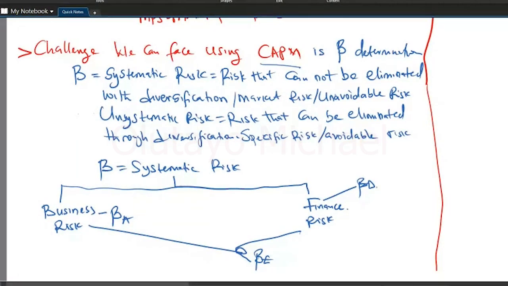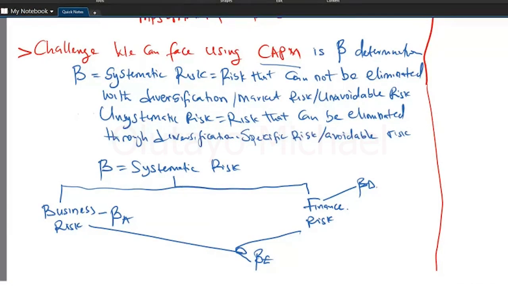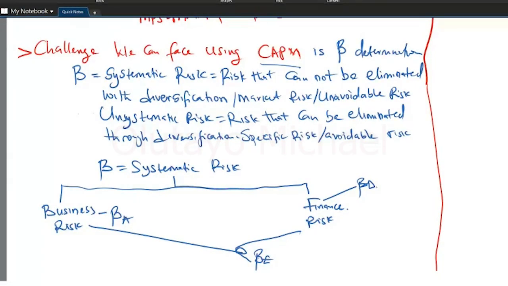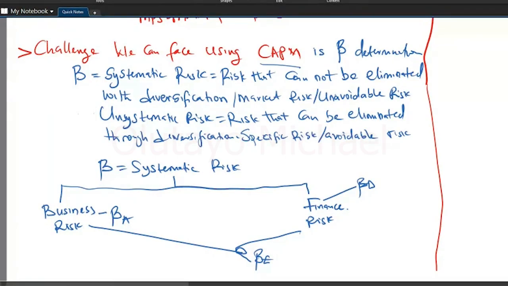Beta of debt deals with the debt factor alone, how shares respond to finance risk. Are we together, class? But much emphasis is not laid on beta of debt. The major emphasis here is laid on beta of asset and beta of equity, because I said business risk and finance risk make up beta of equity.